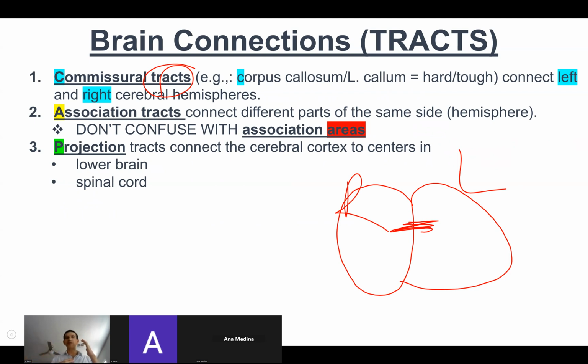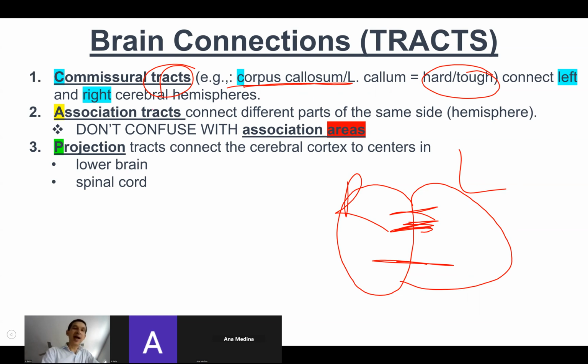Within the brain and the spinal cord, we call them tracts. The brain has three types of tracts. The most important one that crosses from left to right is the corpus callosum. Callosum means hard and tough, and it connects the left and the right cerebral hemispheres.